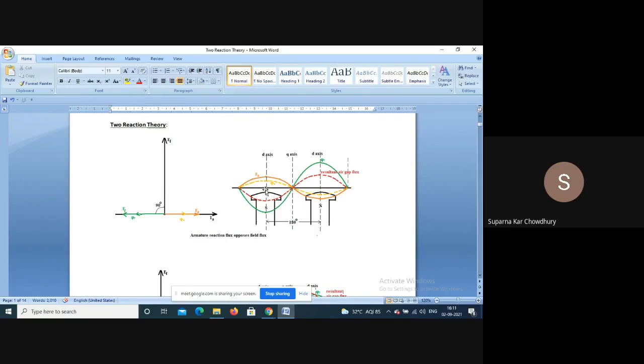So the air gap along the direct axis and quadrature axis is widely different, and so the reluctance is also different. However, when the current is 90 degrees lagging, say this is phi f, considering a sinusoidal flux, then if the current is sinusoidal, FA is also sinusoidal, 90 degrees away.